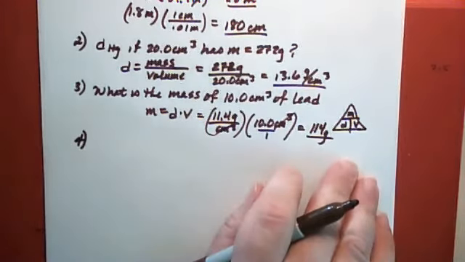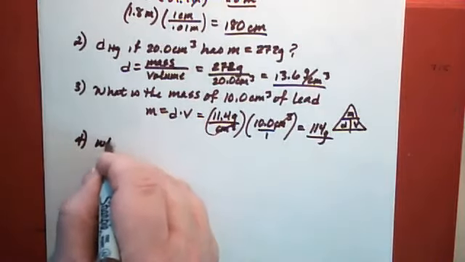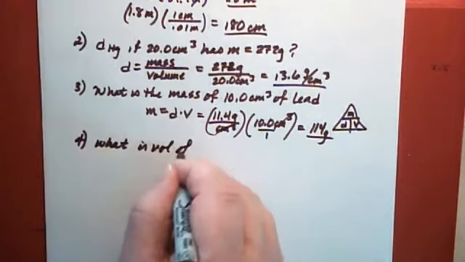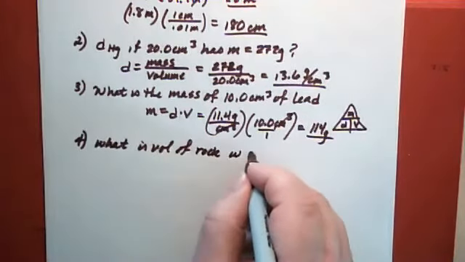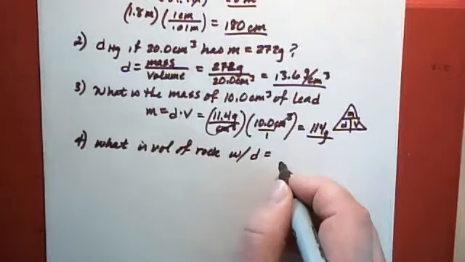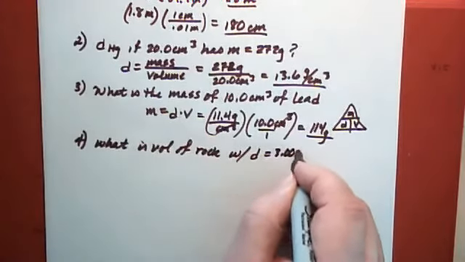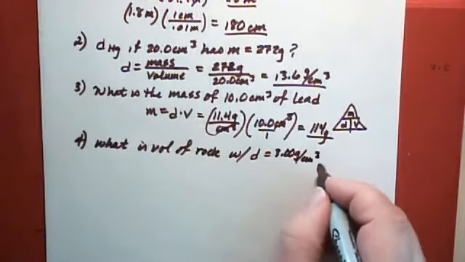All right, number 4. What's the volume of a rock with a density of 3 grams per cubic centimeter and a mass of 600 grams?